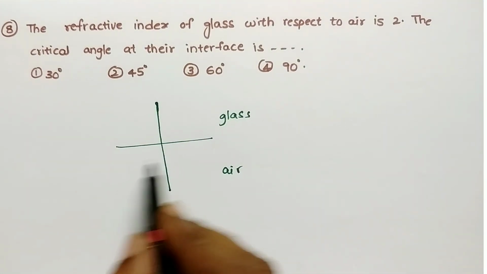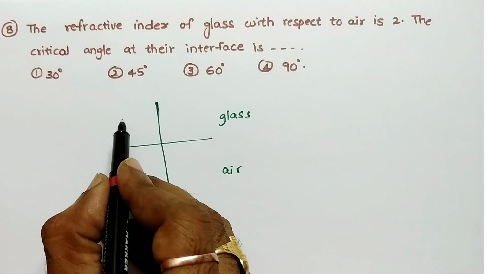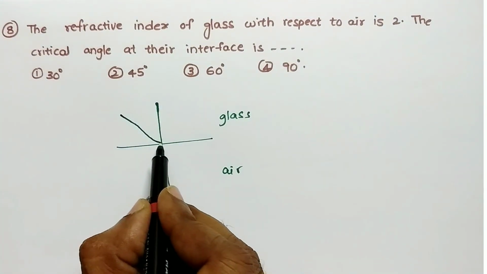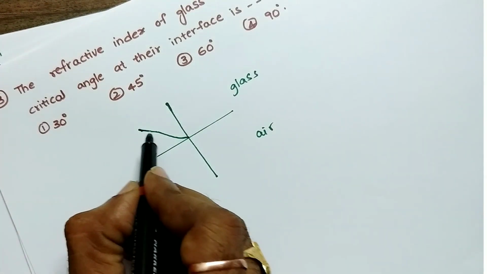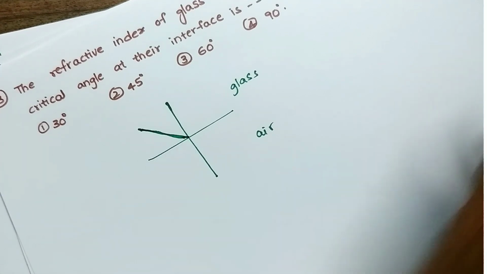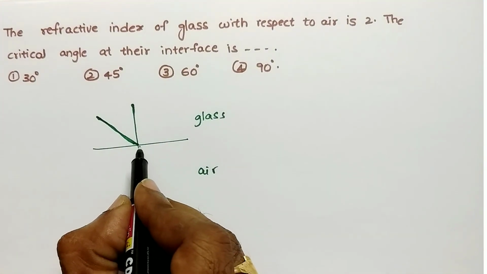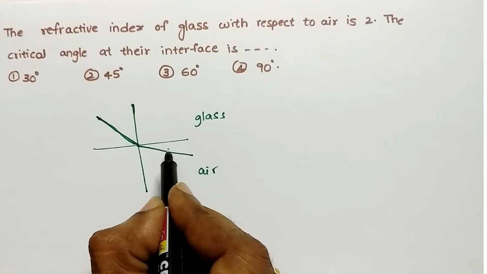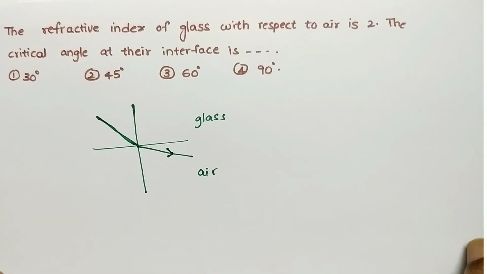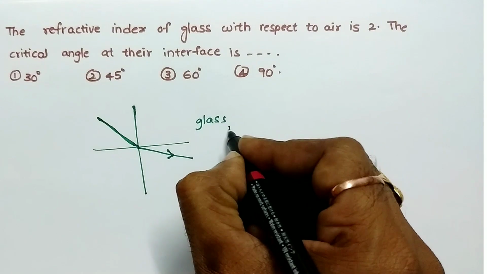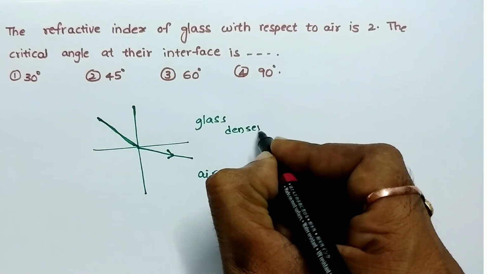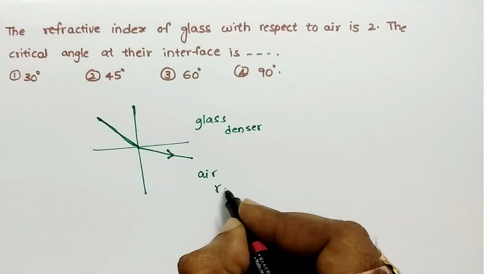The light ray is coming from glass to air. So this glass is the denser medium, and the air is the rarer medium.